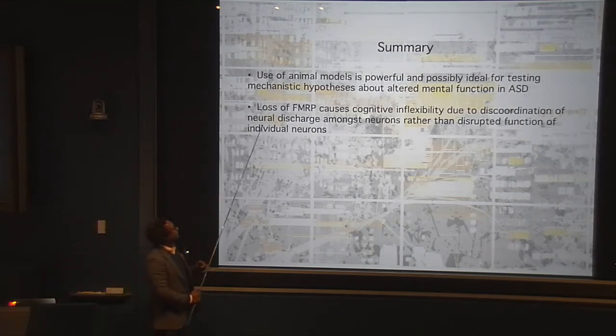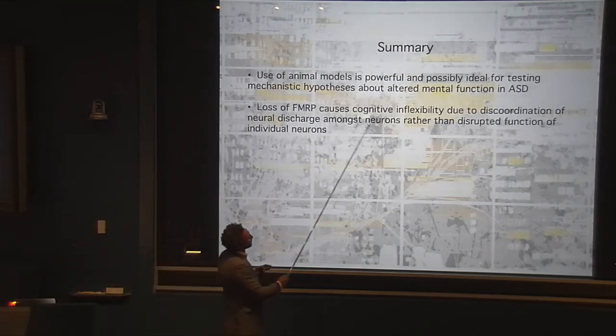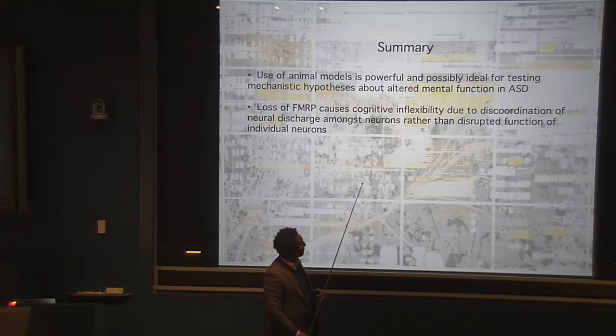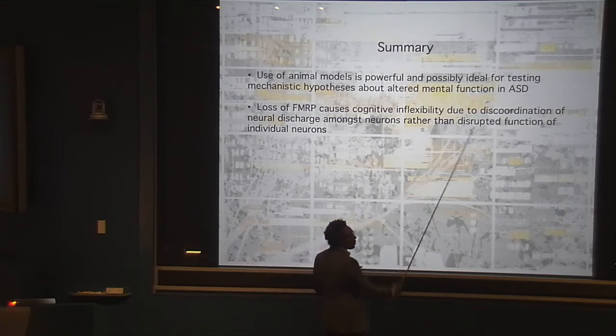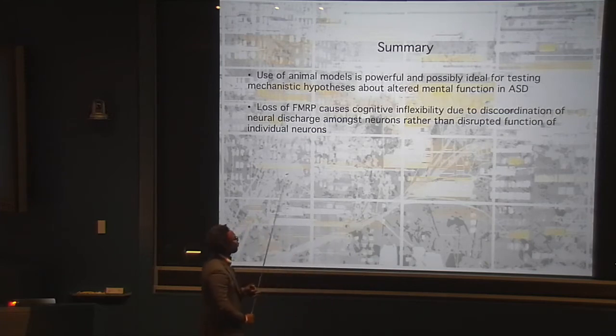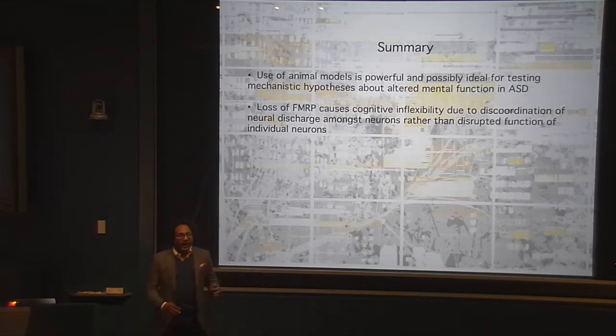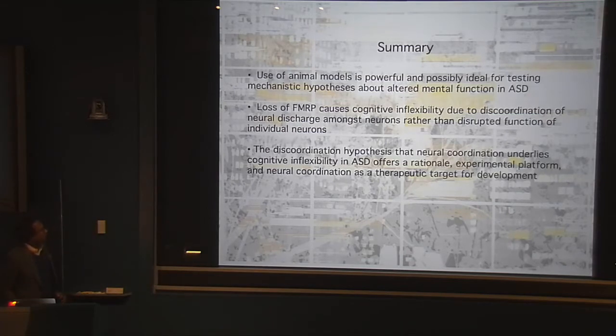I hope I've convinced you that the loss of this protein causes some kind of cognitive inflexibility, and we actually know why that happens. It's because of this discoordinated timing of the neural discharge amongst a whole bunch of neurons, and it's not because these neurons themselves individually seem to have dysfunctional properties. This discoordination hypothesis, which asserts that it's the discoordination that underlies this inflexibility, offers a rationale, a way to think about this problem.